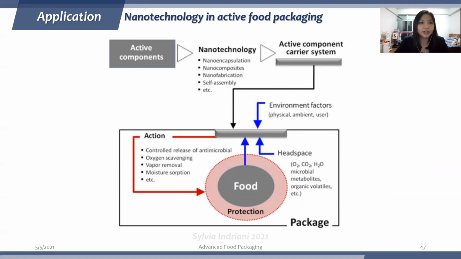The carrier can interact with internal and or external factors, as we can see from the blue arrow there, thereby activating an intended action. We can see from the red arrow that this enhances the shelf life, food quality, and or safety of the products.